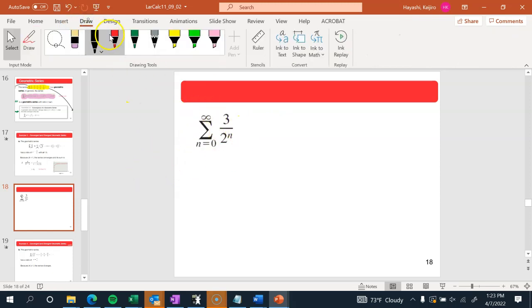Now that 3 is not to the n power, so that 3 is not part of the ratio. It's not being raised to the n power. So what you can do is bring it out to the front and separate it out a little bit.